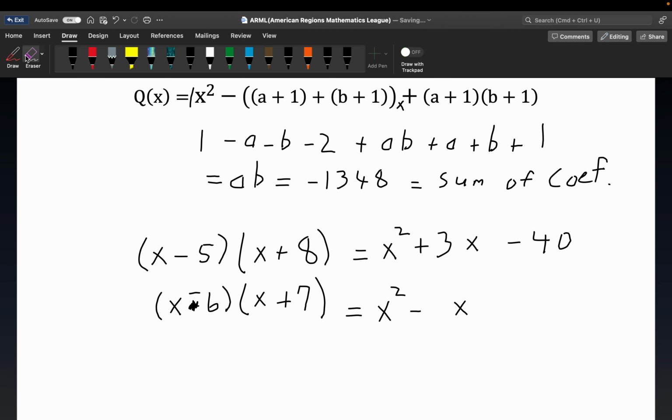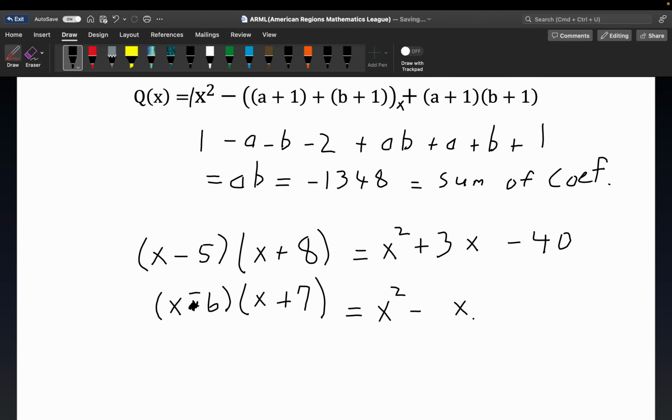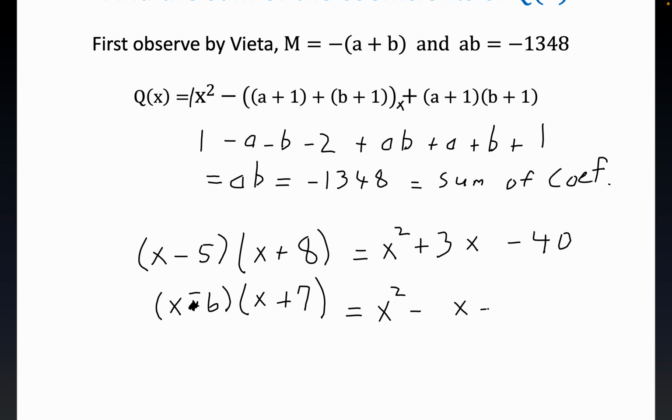And so we have minus 42 here, okay? And this is a plus x right here, right? Now notice though, when you add up the coefficients here, you have a 1 here and a 1 here. So you have 1 plus 1 minus 42, which is equal to negative 40.